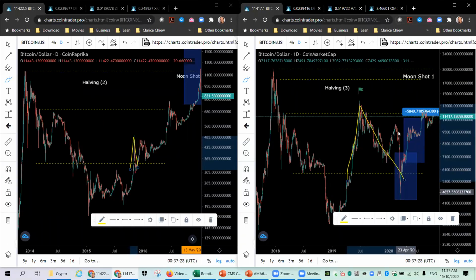For example, the March volatility that came down alongside the stock market crash was quite a big one, and I did not anticipate that back in March. But it does seem like this time the market is much more volatile. Now, what does it mean to investors with a volatile market?